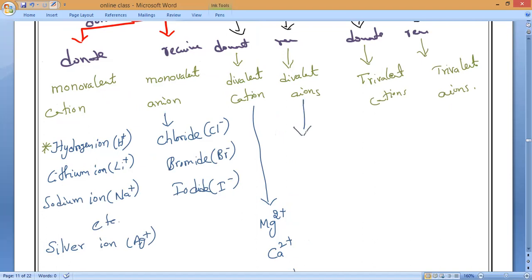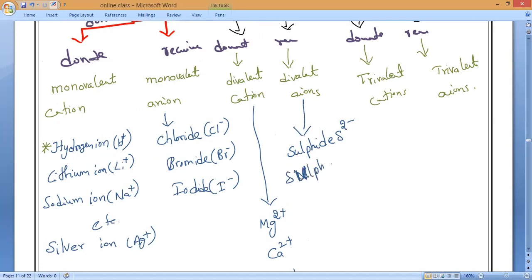Okay, same way, divalent anions. Tell me examples. Sulfide, S2 minus. Nitrate won't come.